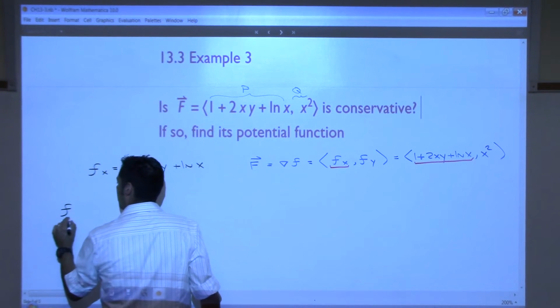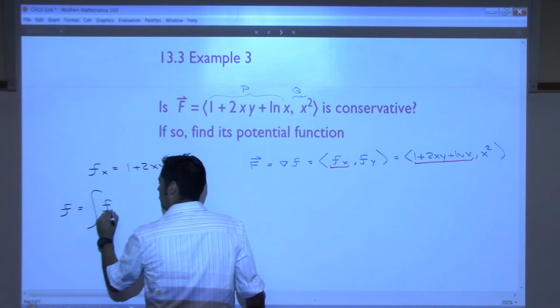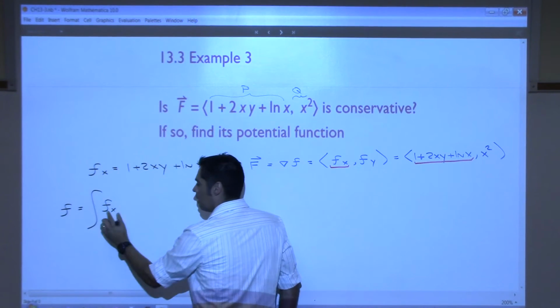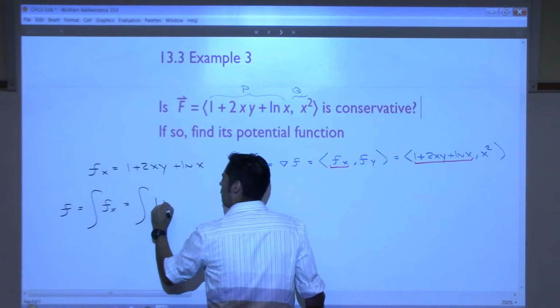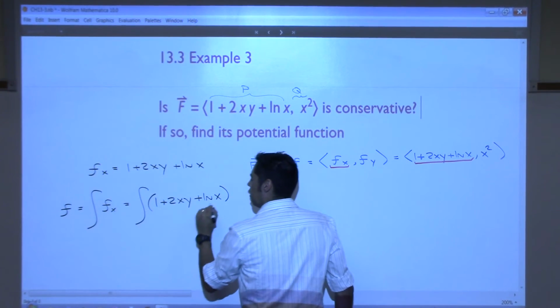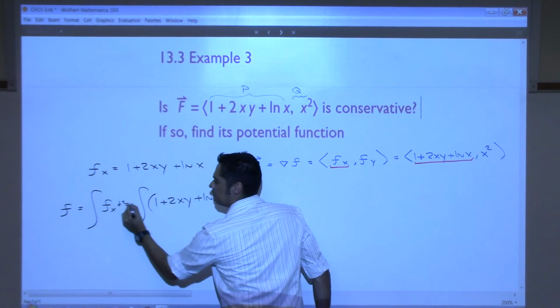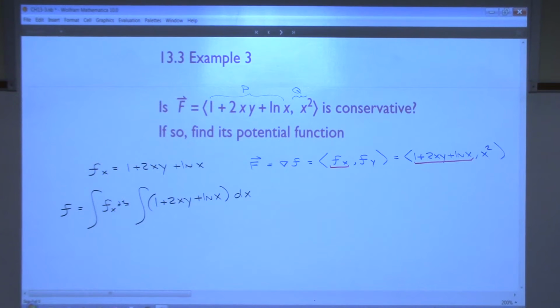Little f should be equal to the antiderivative of the partial of f with respect to x. Do you agree with that? But that's just the integral of 1 plus 2xy plus natural log x with respect to x. Maybe I should have put dx in here, sorry. Do y'all follow what I'm doing? Going backwards, integrating.